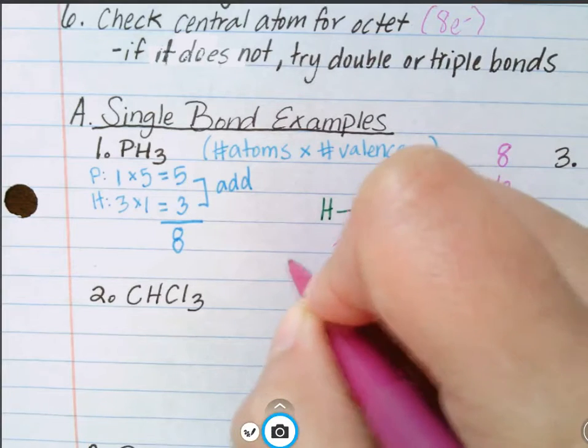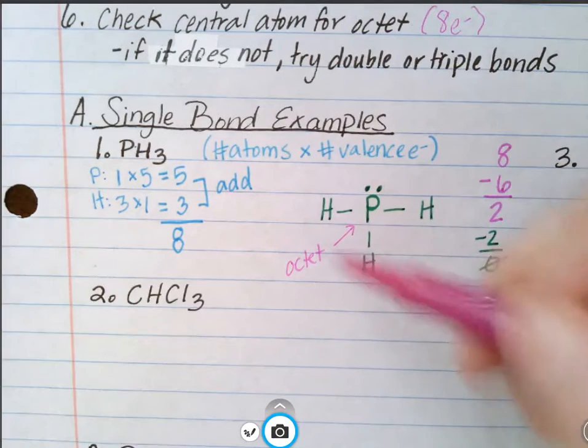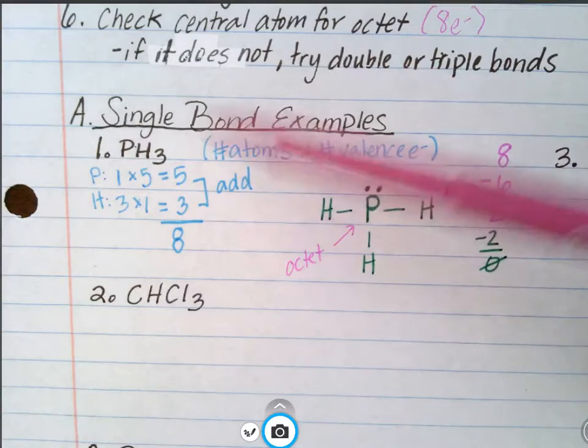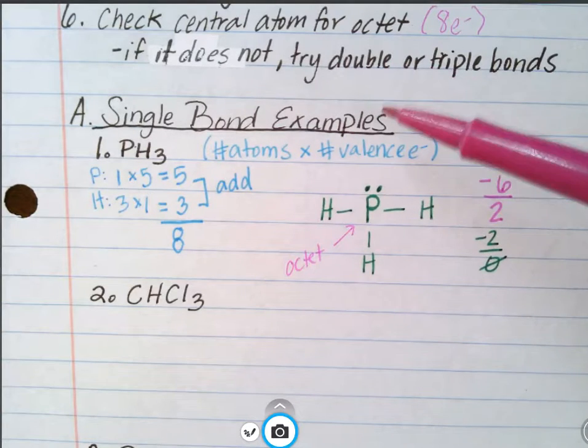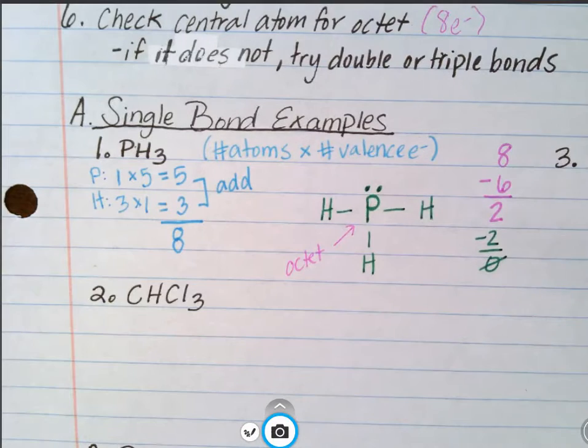Phosphorus has an octet. Okay, it has 8 valence electrons. As soon as that's true, you can call this molecule finished. Okay, it's done. I don't need to do anything else with it. If it wasn't true, we would do the next part of 6. Okay, but because phosphorus has an octet, it's finished.